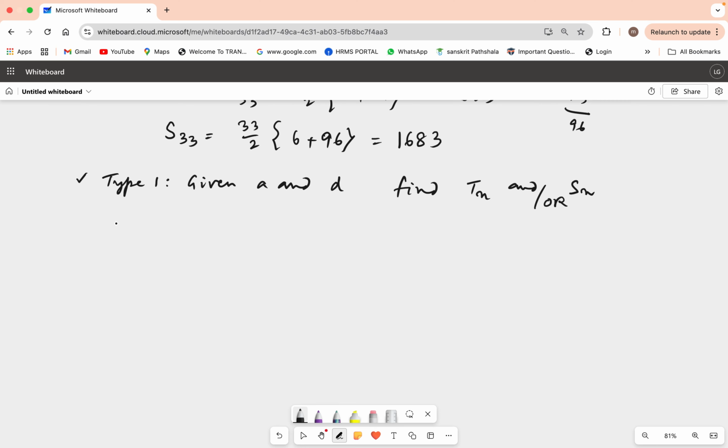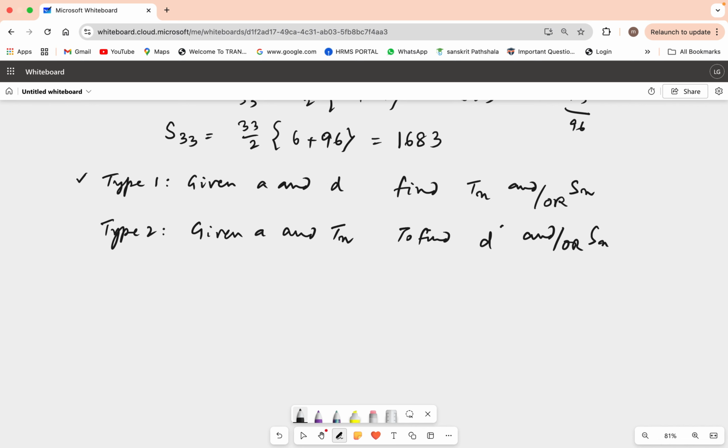What is type 2? Type 2 is: you will be given a and the nth term, and you will be asked to find d, the common difference, and or Sn, the sum to n terms.